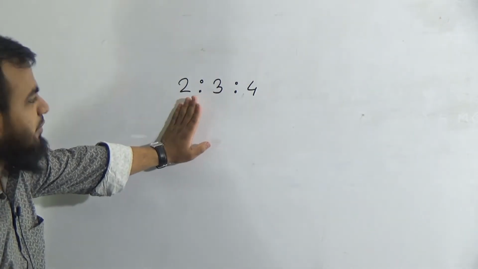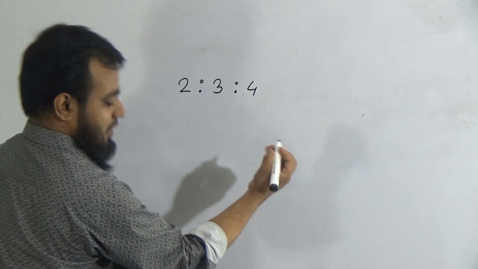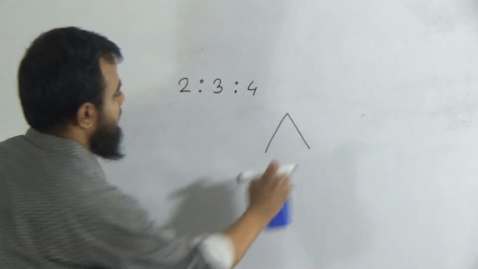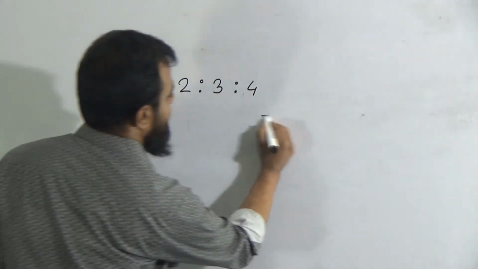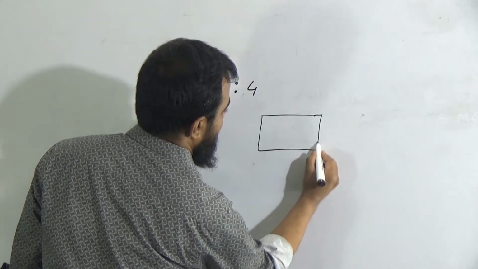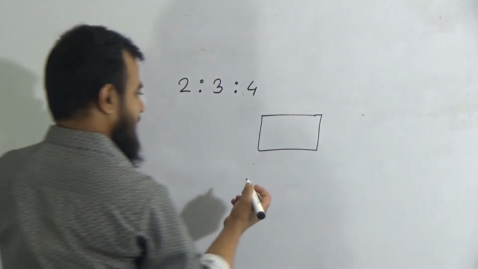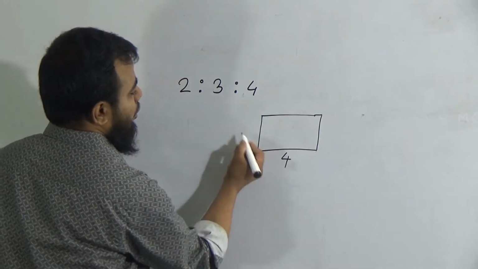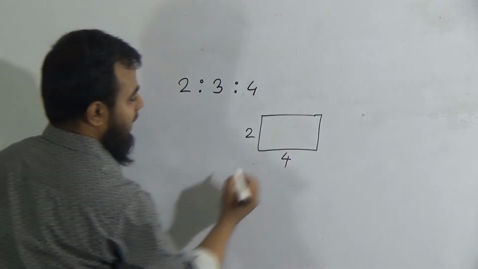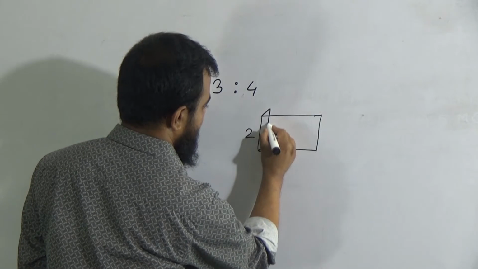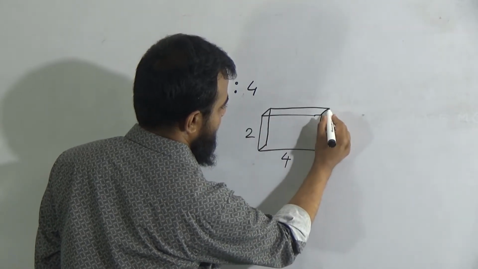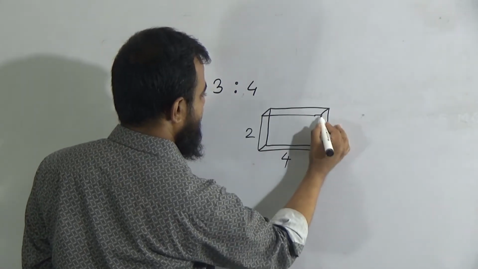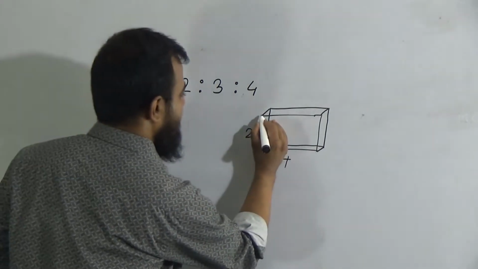My dear students, suppose there is a quadrilateral, a rectangle. Suppose its length is 4, its width is 2, and its breadth is 3.